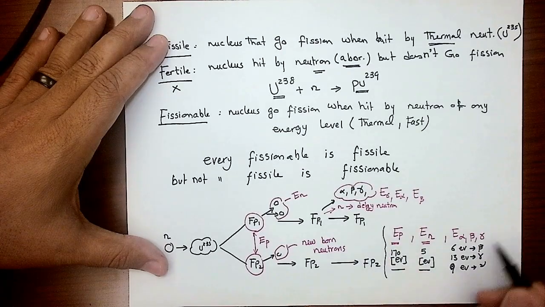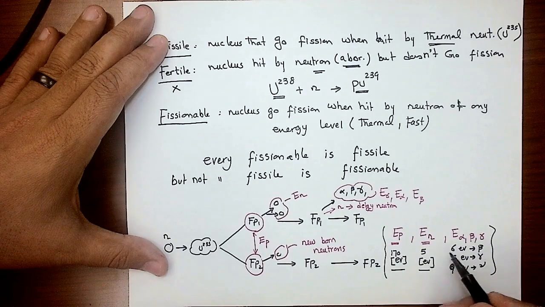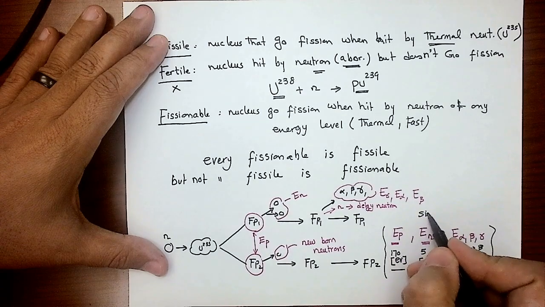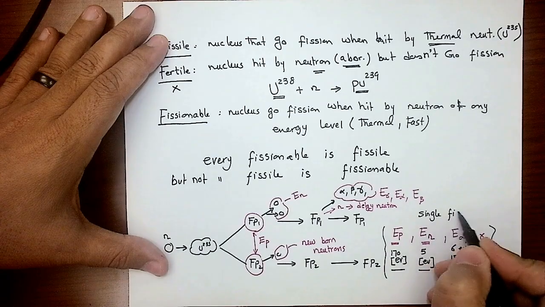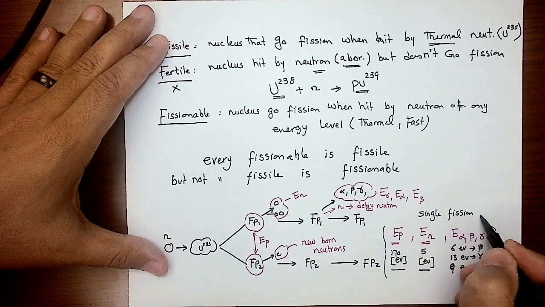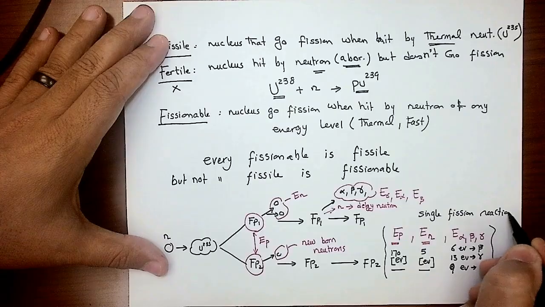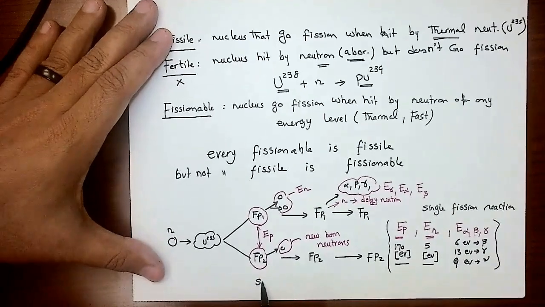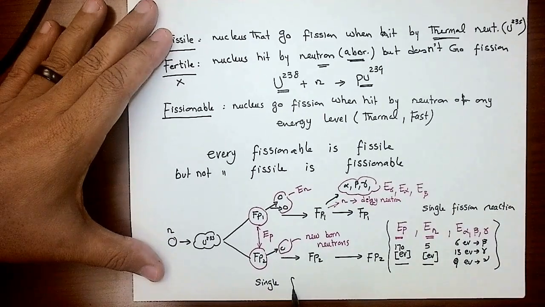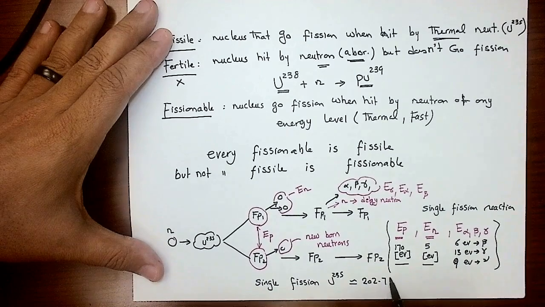This is the total energy breakdown of a single fission reaction. If you add up all of these, you will find that a single fission of uranium-235 roughly produces 202.76, which we usually simplify by saying it's approximately 200.